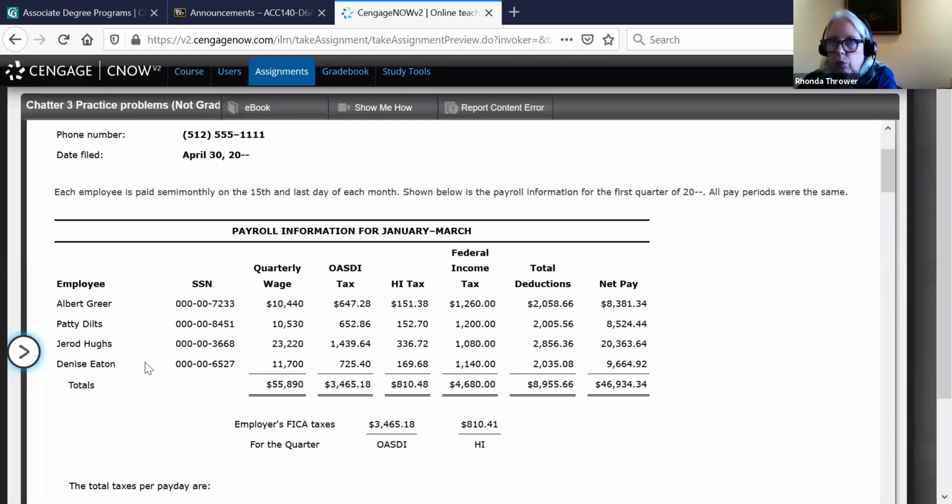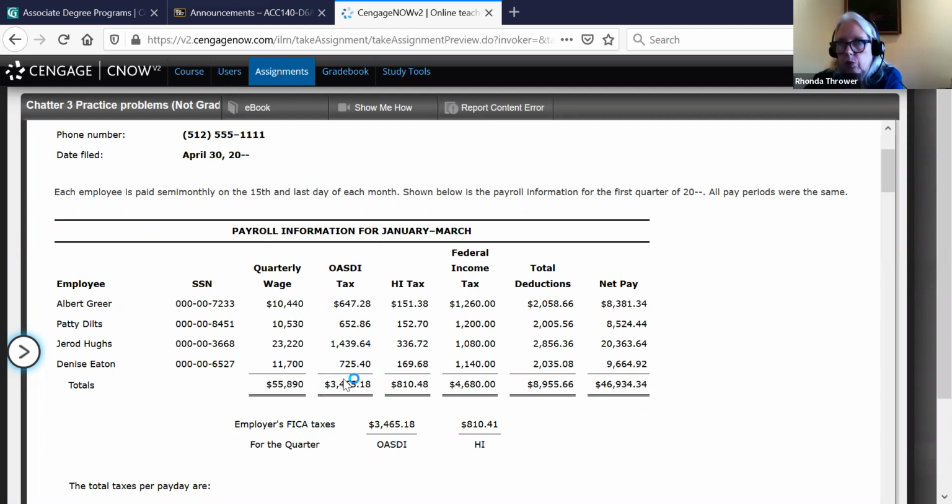And each one of these employees would be done similarly. What they ended up doing is adding up to find the quarterly wages. The total wages paid during that quarter is $55,890.